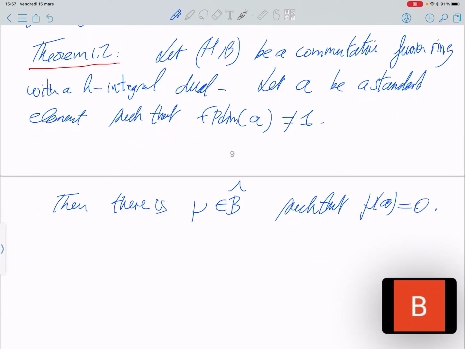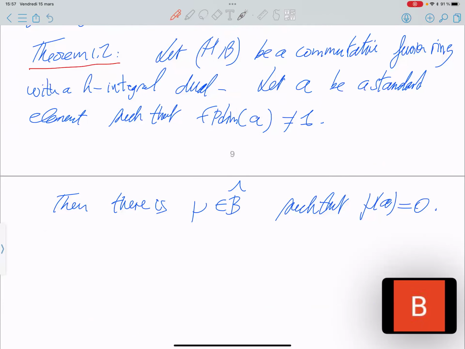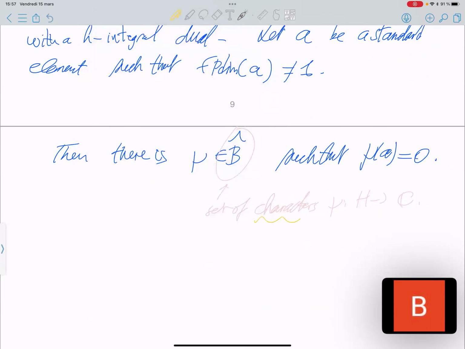So what is that? The set of characters mu from H to C. And by character, we mean algebra homomorphism.